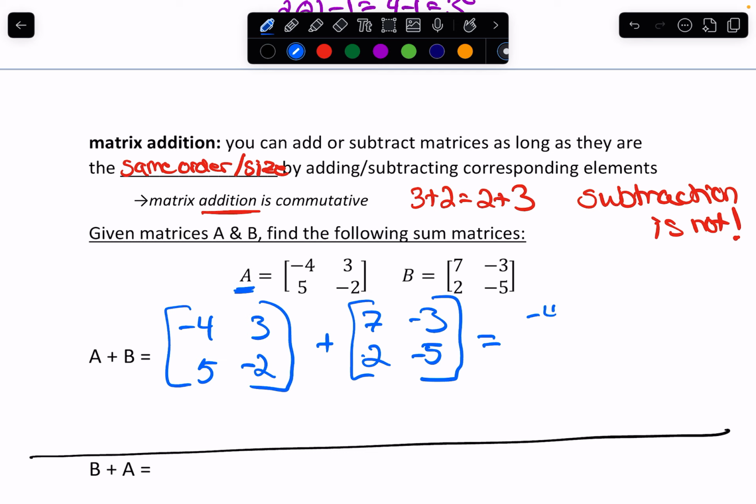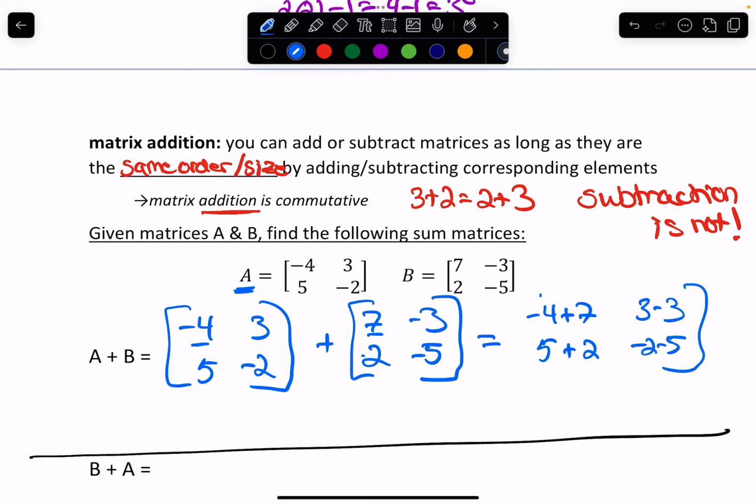Negative 4 plus 7 are the corresponding elements here, and then 3 minus 3, 5 plus 2, negative 2 minus 5, like this. And they stay in their corresponding spots. So we get 3, 0, 7, and negative 7 is our A plus B.